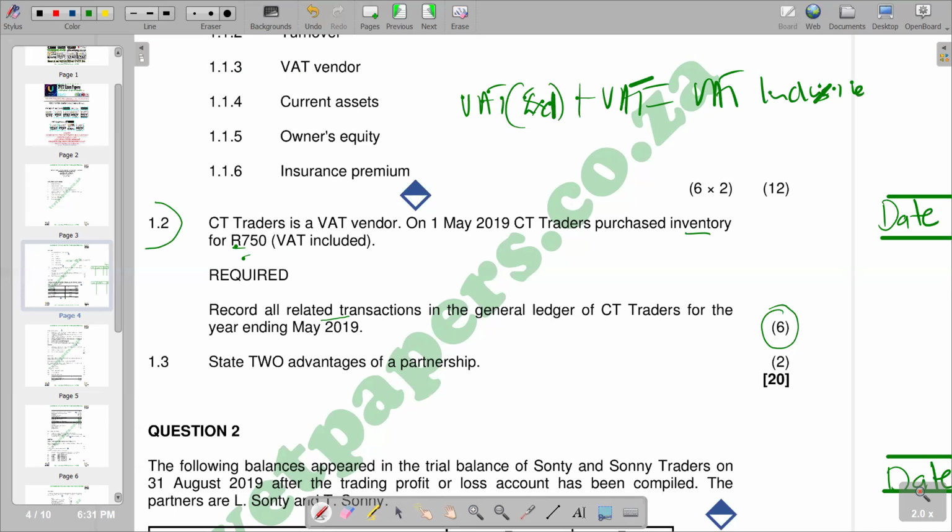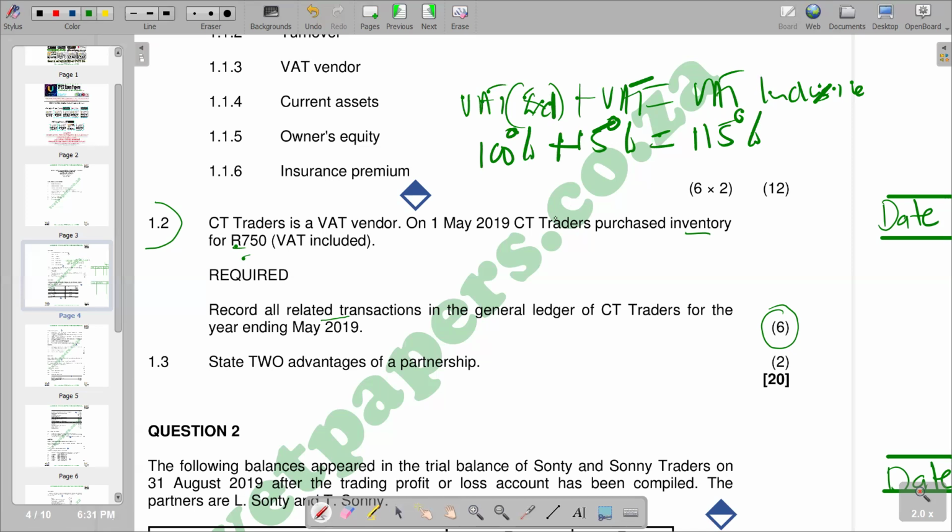VAT exclusive is always 100%, and then we add the VAT component, which is 15%, our VAT percentage in South Africa. When we add the two, we get VAT inclusive, which is 115%. This is the proportionate representation in terms of the formula that we have there on top.